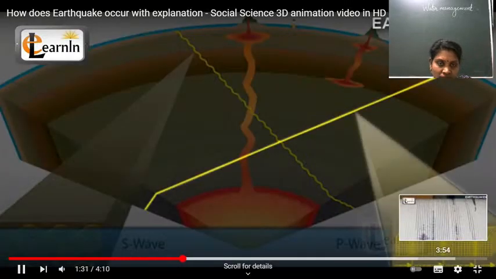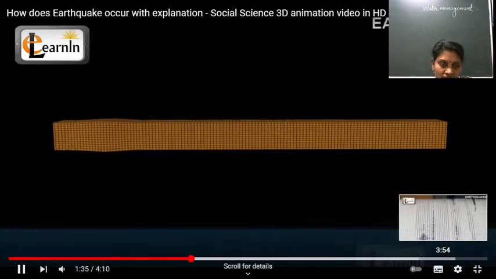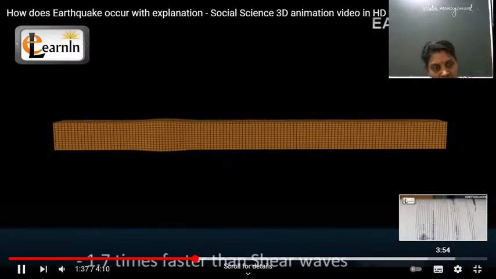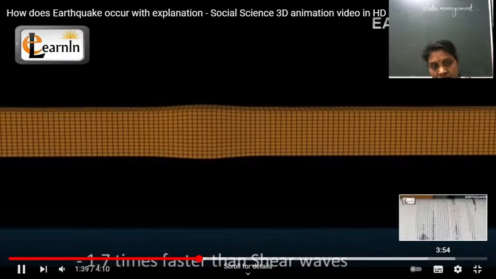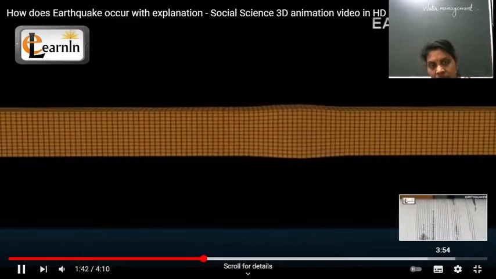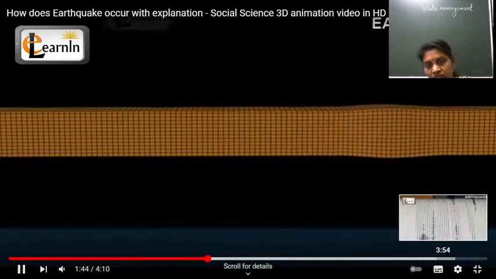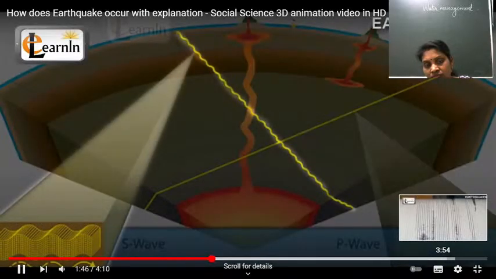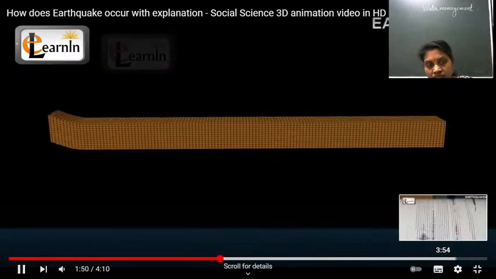The compression waves are the first to reach the earthquake recording station as they travel 1.7 times faster than the shear waves and are therefore called primary or P waves, while the shear waves are called secondary or S waves.